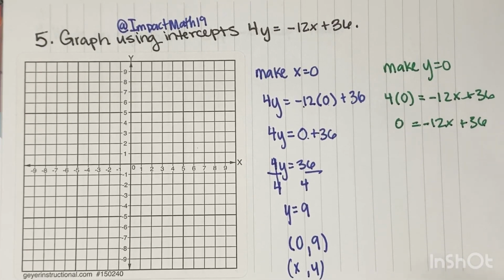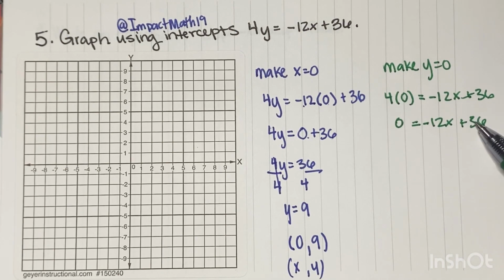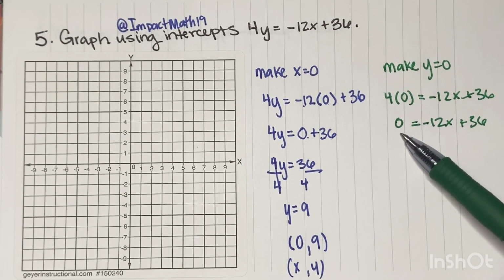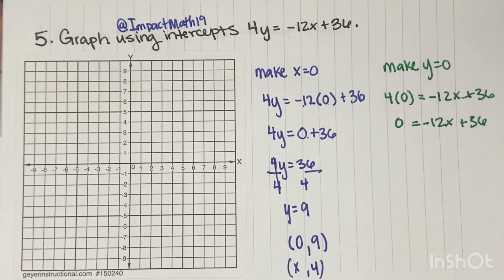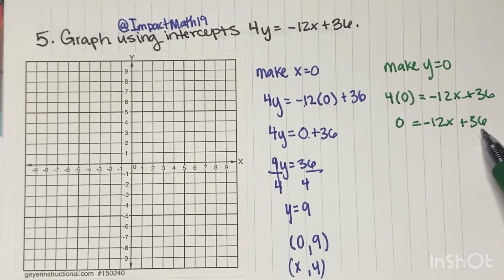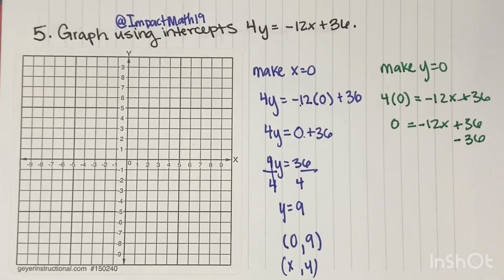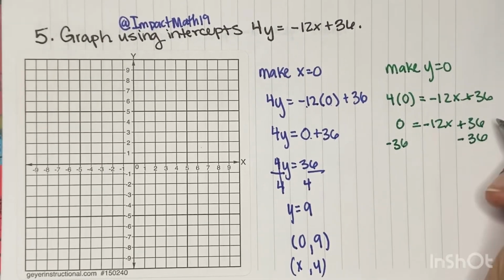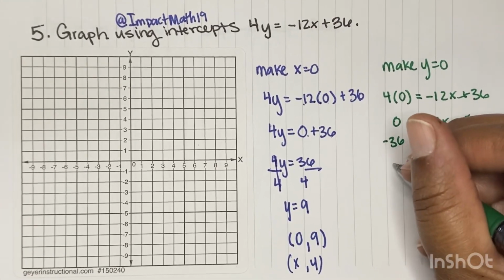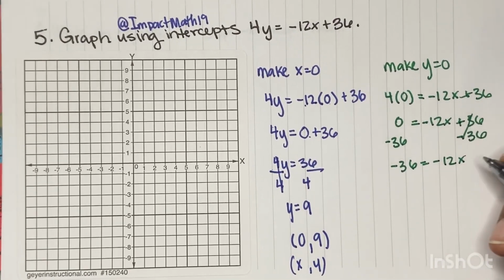Now we want to get the x to one side and the number on the other. So we can move the 36 or we can move the 12x. It does not matter. You have to decide, make your decision and move it. So last time I moved the x over, this time I'm going to move the number over. So we're going to minus 36 because that's opposite of plus to both sides. And so 0 minus 36 is negative 36 equals negative 12x.